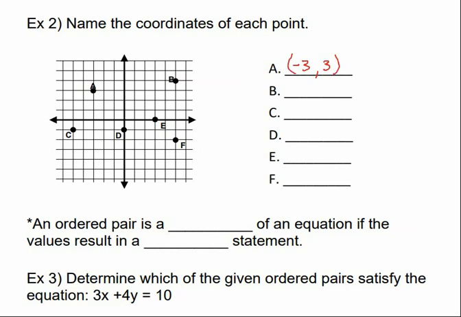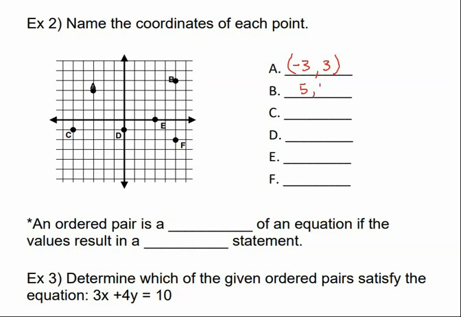So that's positive 3. Now, anytime you write an ordered pair, you have to put it in parentheses. All right, for B, there's point B. If we start at 0, 0 and we follow the lines, we're going to go to the right 1, 2, 3, 4, 5 spaces. So since we went to the right, that's a positive 5. And then we're going to go up 1, 2, 3, 4.